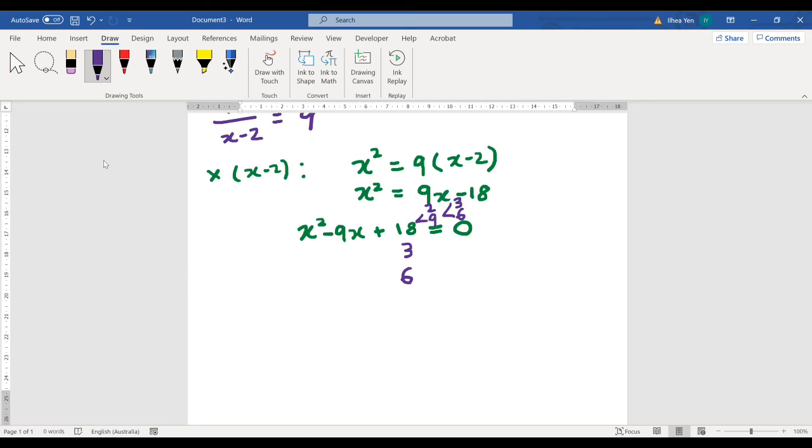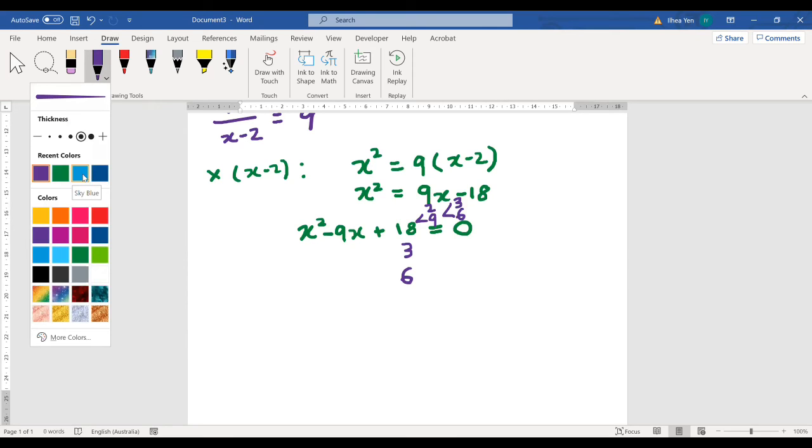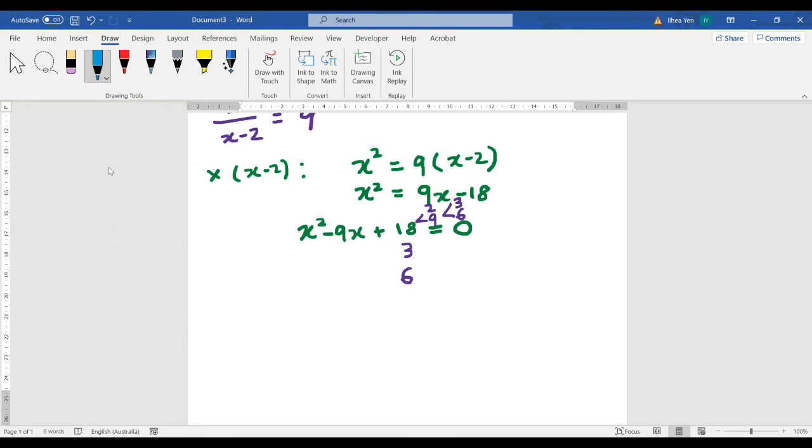When I add them together, it should be minus 9. This part is my sum part, and this is the product part. When I add them together, I should have a negative 9, but when I times them, I should have a positive 18.